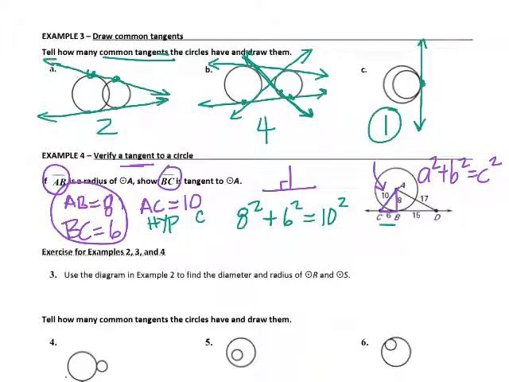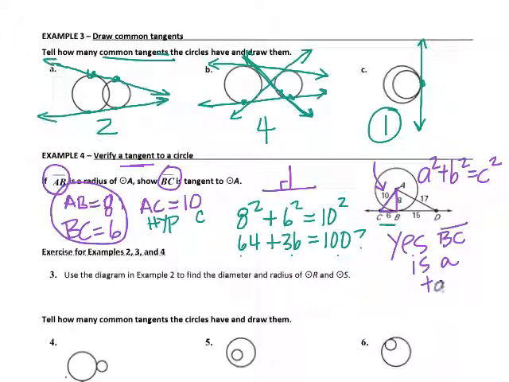Well, let's work this out. 8 times 8 is 64, 6 times 6 is 36, and 10 times 10 is 100. Is this actually true? Does 64 plus 36 equal 100? And if we use our calculator, we can verify, yes, BC is a tangent, because the Pythagorean theorem makes a true statement there.